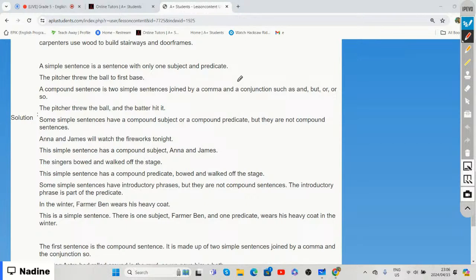For example, the pitcher threw the ball to first base.